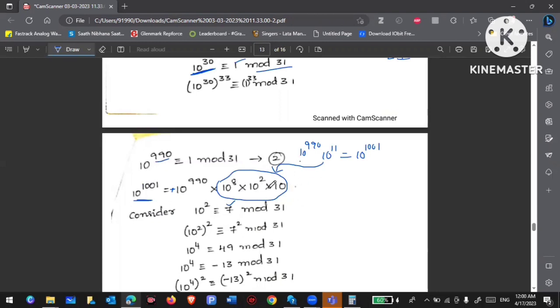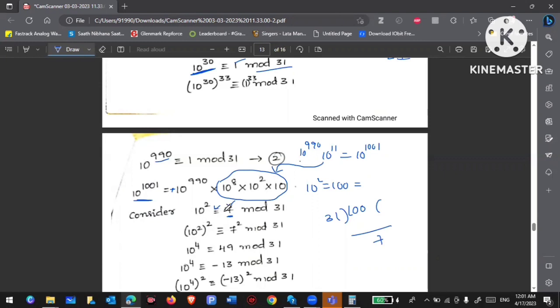So first we take 10 as it is, then we come to 10 square, which is 100. When you divide 100 by 31, you'll get the remainder as 7. So that is what we have written here, so the congruence is true. 10 square you can substitute as 7.